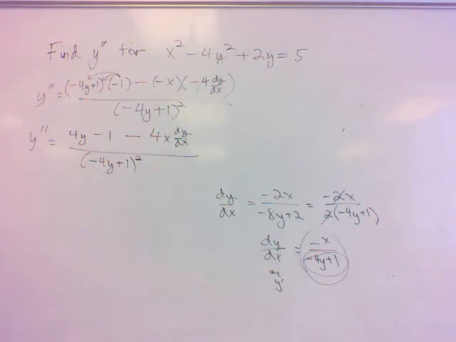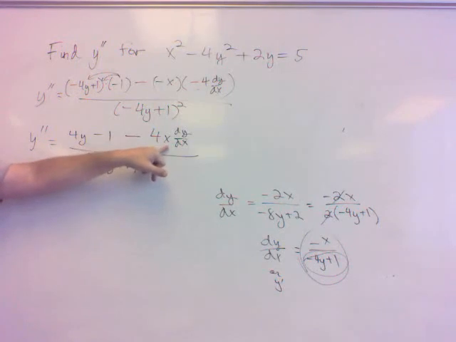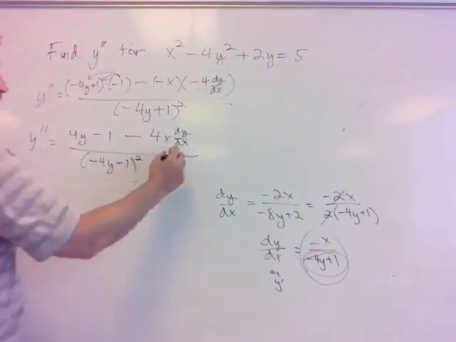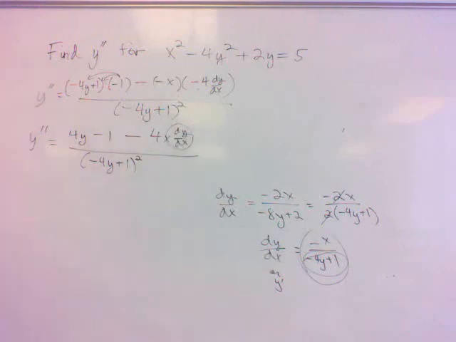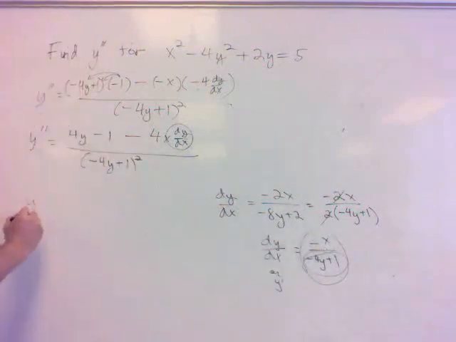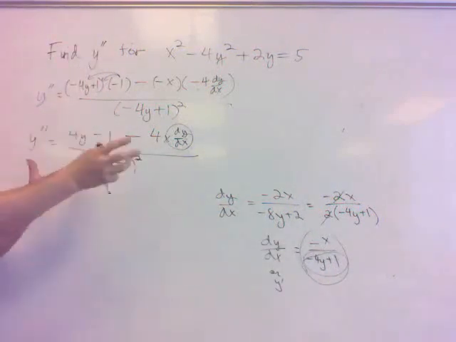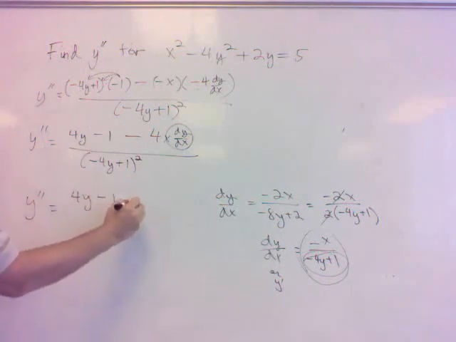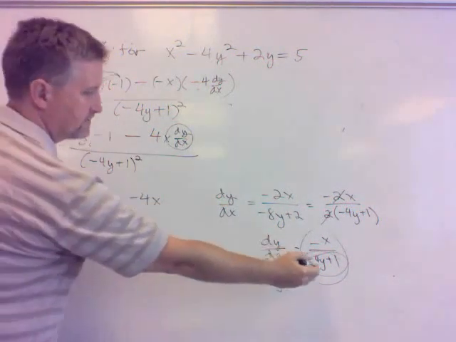However, let me tell you something we could do here. You see here y double prime is actually in terms of x and y and dy/dx. What if I wanted y double prime only in x and y terms? Well, couldn't I go ahead and substitute what we know about dy/dx? dy/dx is this right here. So to make it only in terms of y and x, y double prime, second derivative, would be 4y minus 1 minus 4x times this right here.